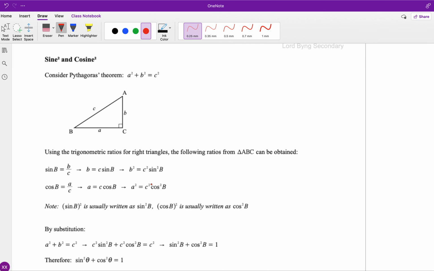I do not do it the way they do here. What I'm going to do is take sine square B and square the right-hand side, which becomes b square over c square. Very similarly, for cosine square B, squaring the right-hand side becomes a square over c square.